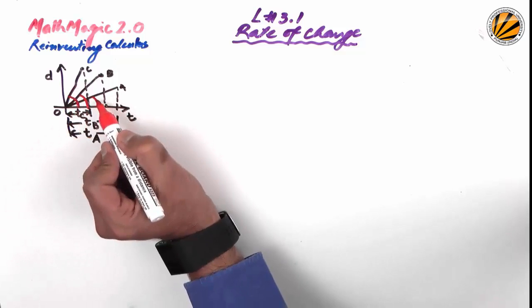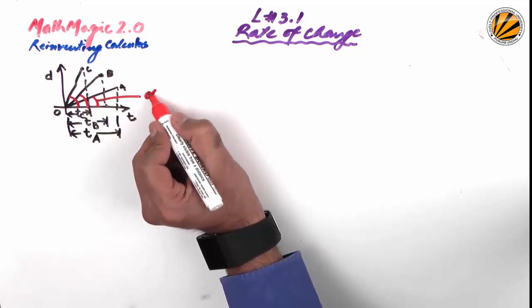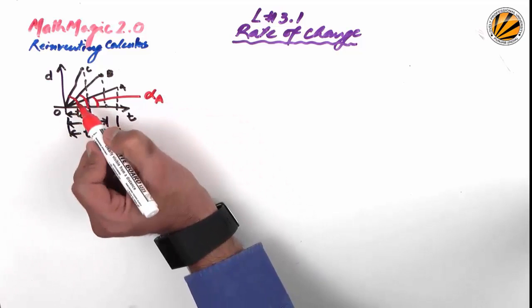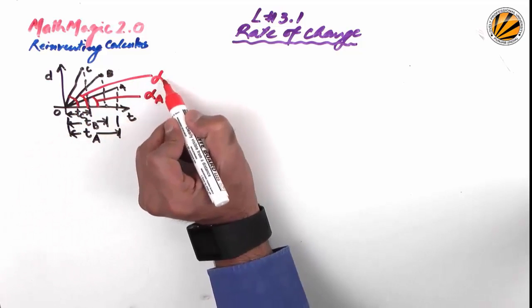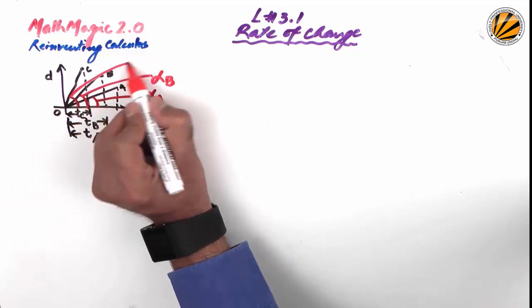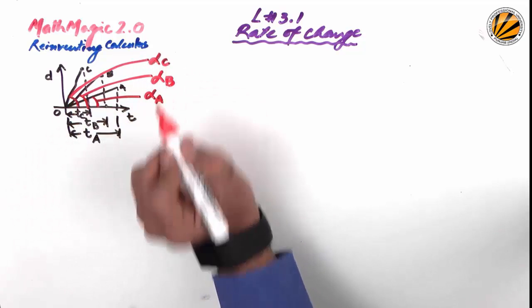I can say that this angle is alpha A, this angle is alpha B, and this angle is alpha C.